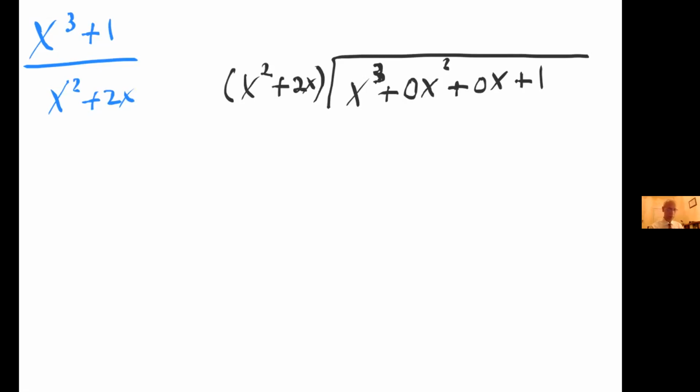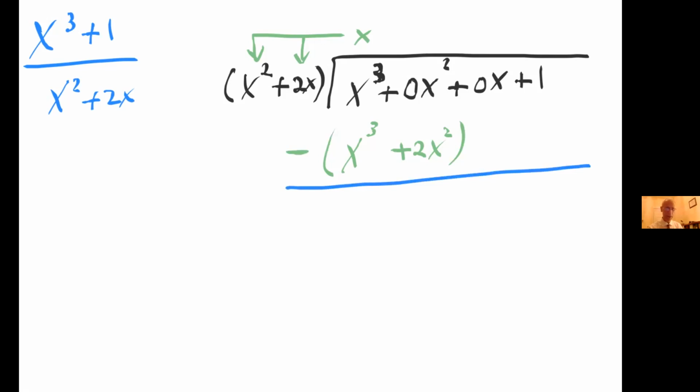All right, so let's put an x in here. x times x squared is x cubed. x times 2x is 2x squared. Now I'm going to subtract this. x cubed minus x cubed is nothing. 0x squared minus 2x squared is minus 2x squared plus 0x plus 1.